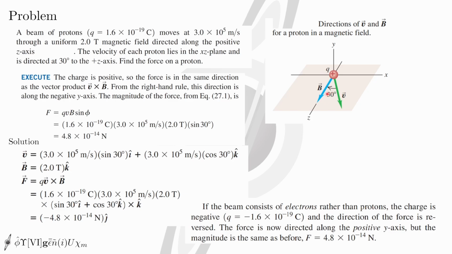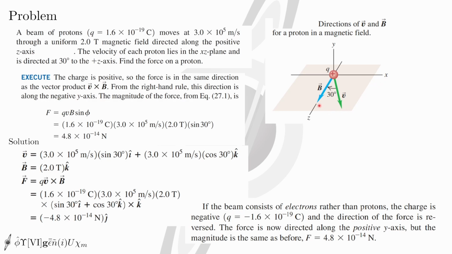Take note that this is still a right-hand coordinate system: positive x, positive y, and positive z. We use the sine 30 for getting the x component because the angle is referenced along the positive z-axis rather than the positive x-axis.